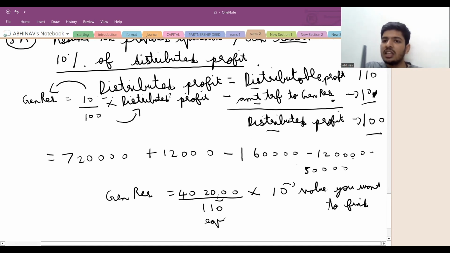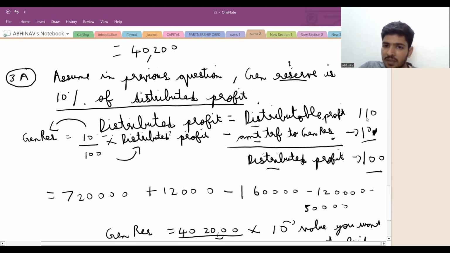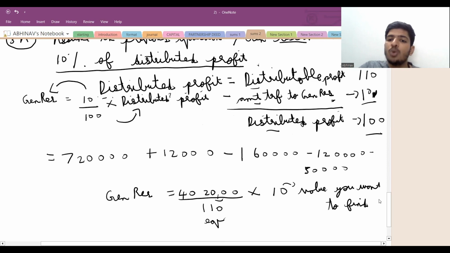See, in your reference material in your school, they directly give you the formula, like if this is there, divide by 110 and multiply by 10. They won't tell you why. This is the reason. Distributable profit's value is 4,02,000. So you divide 4,02,000 by the equivalent amount, that is 110, and multiply by the value you want to find.